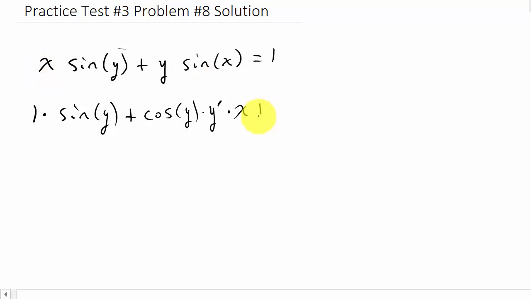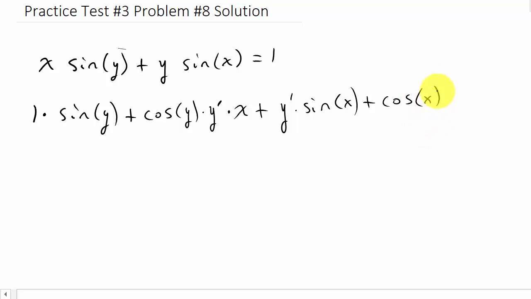Now this one, plus, the derivative of y is dy/dx, or just y prime. So that's the derivative of the first function times the second function plus the derivative of the second function. The derivative of sine x is cosine x.